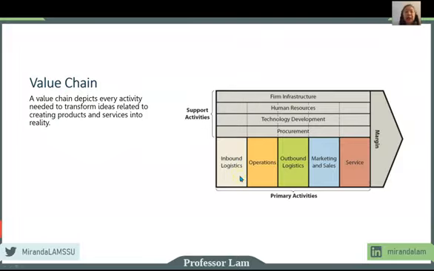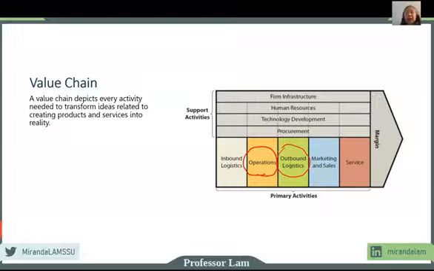You start with getting supplies, so that's inbound logistics, and then you also have to run the operations of the firm, and then you have to deliver your products or services to the customers.